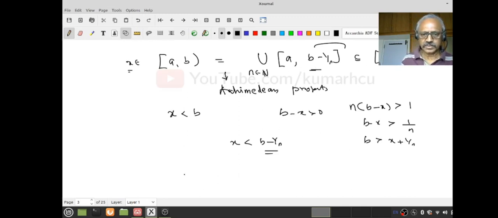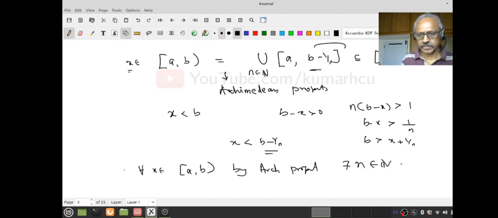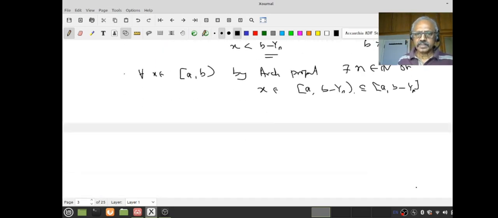Okay, pause, review, proceed. Therefore, for every x in the interval AB, by the Archimedean property, there exists a natural number n so that x belongs to [A, B minus 1 by n], in particular the closed interval.